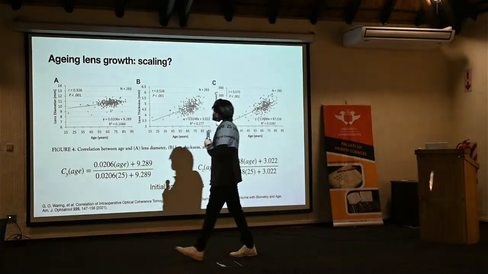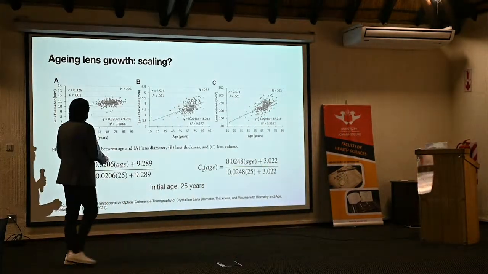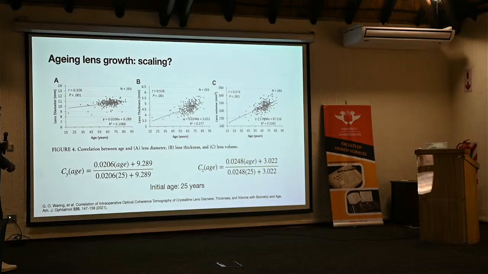And they found a statistically meaningful increase in the lens diameter, also in the lens thickness. But the linear regression is not very reliable. One of the reasons, as you can clearly see, is that we have a bias. There are few young eyes in the study.